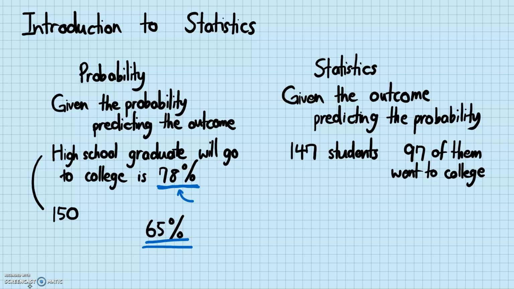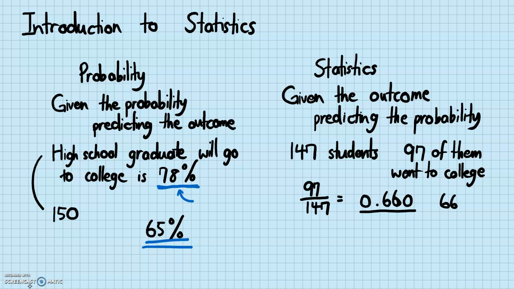Now, of course, this probably is not going to be 100% exact, but it's a good starting point in our collection of data. So to get the probability, 97 out of 147 students went to college in last year's class. That's going to give us 0.66.